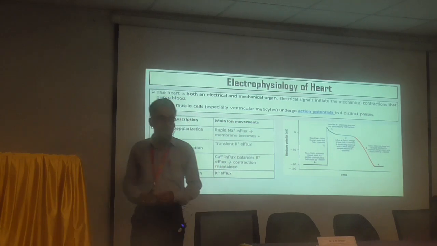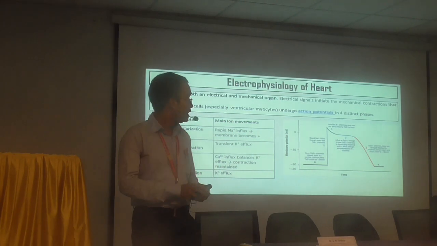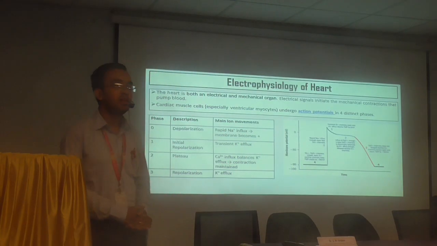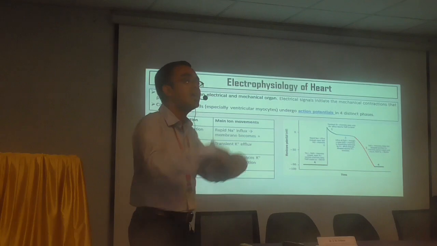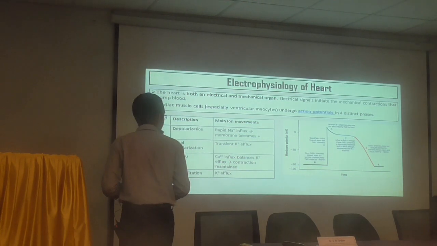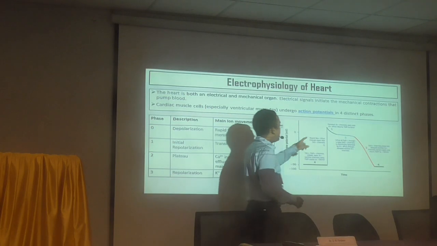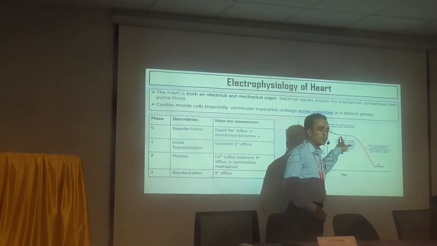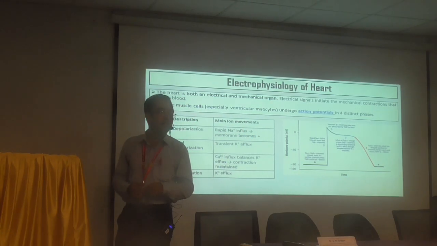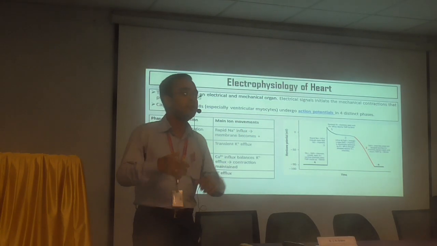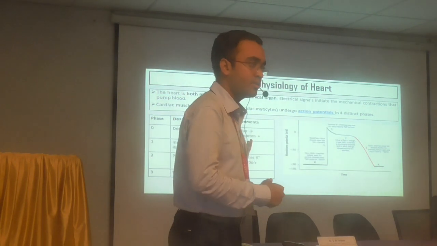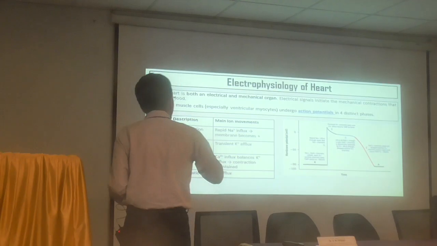After that the potassium channel gets opened. Ultimately potassium efflux takes place, so repolarization takes place, and after that the calcium channel gets activated. At that time potassium and calcium influx takes place, and there is no voltage difference.